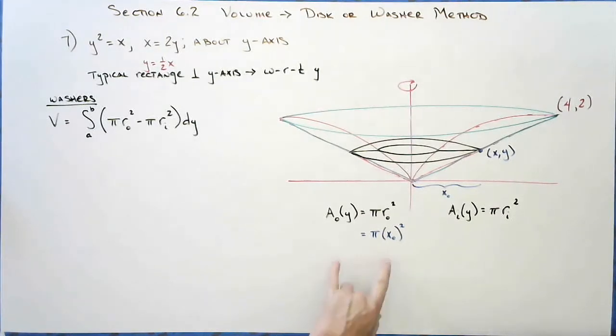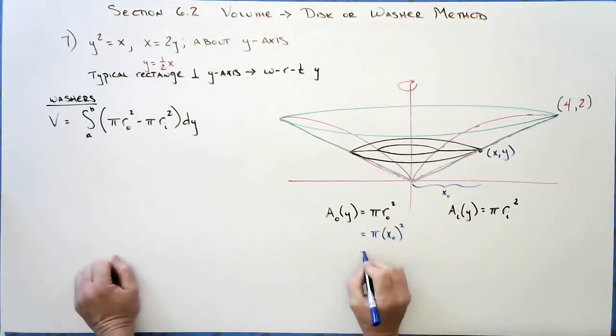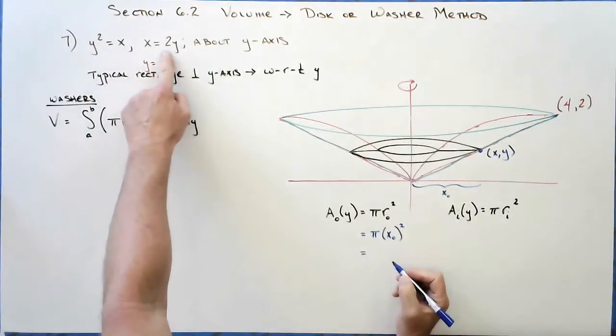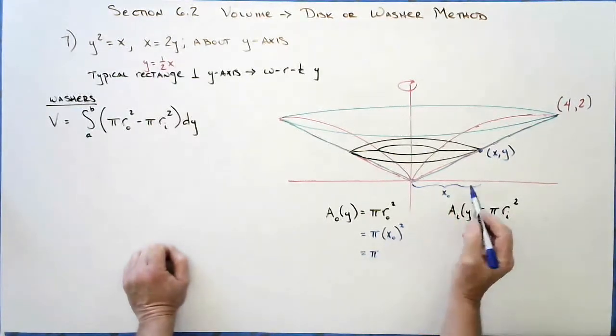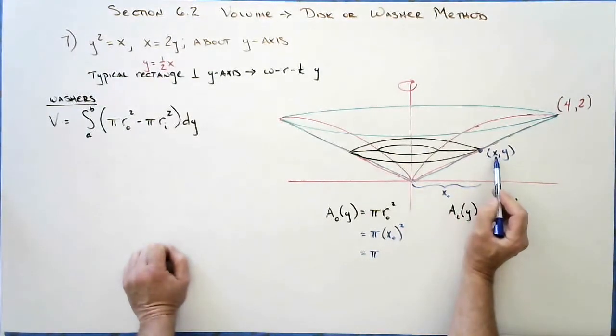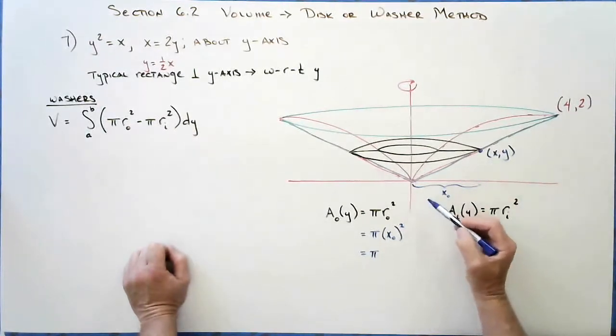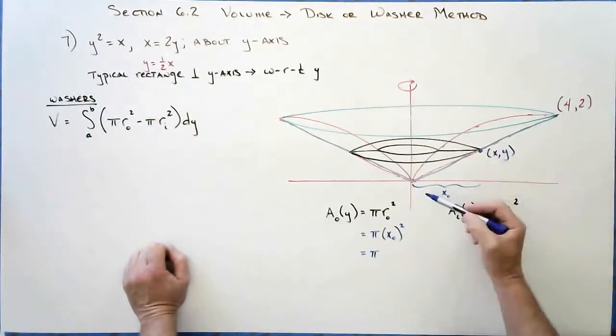Now, I'm not done. I want this function in terms of y. Right now, this function is in terms of x. So now I'm going to look at my given formulas, and I'm going to look at my sketch, and I'm going to say, okay, what is x in the context of this outer radius? Where is x?